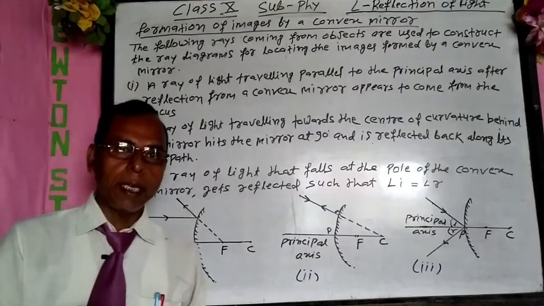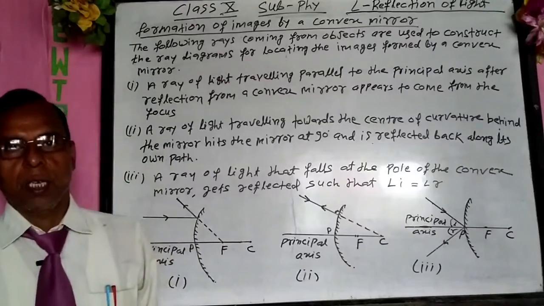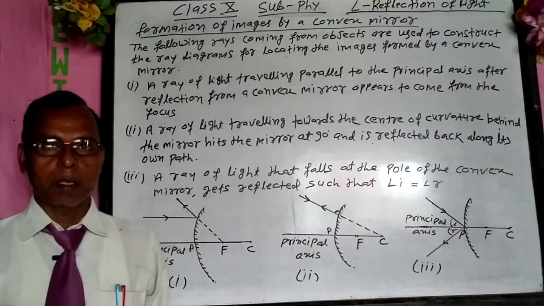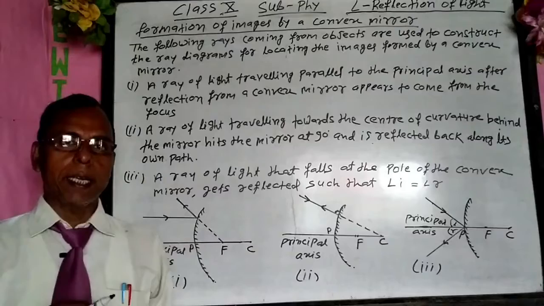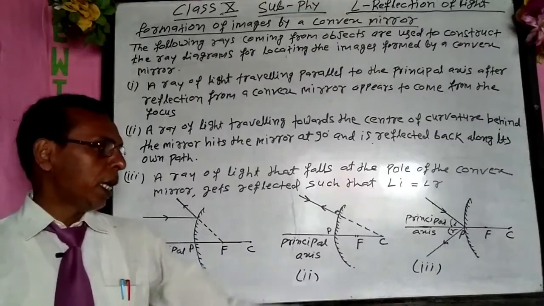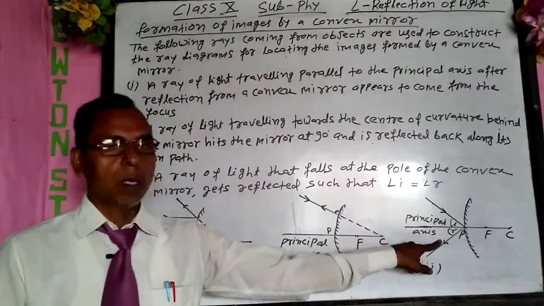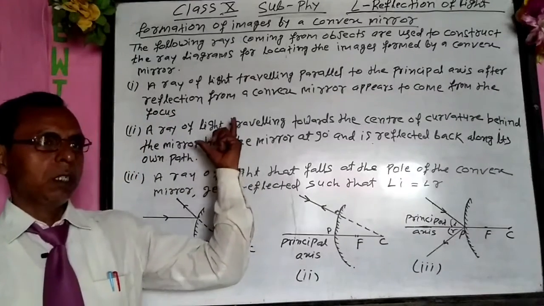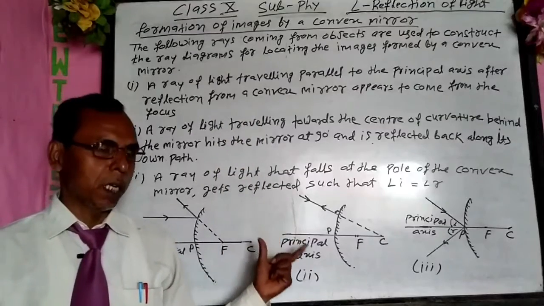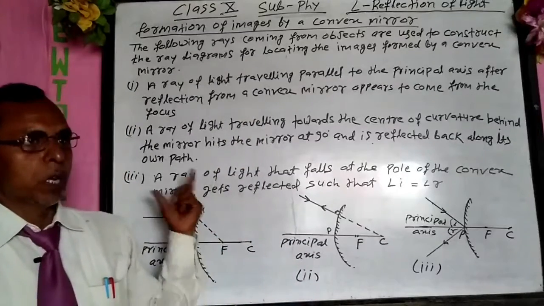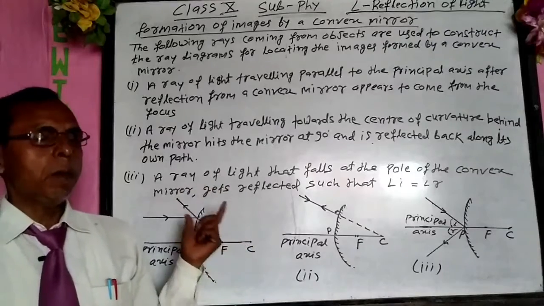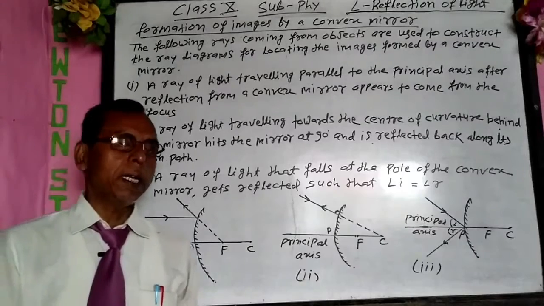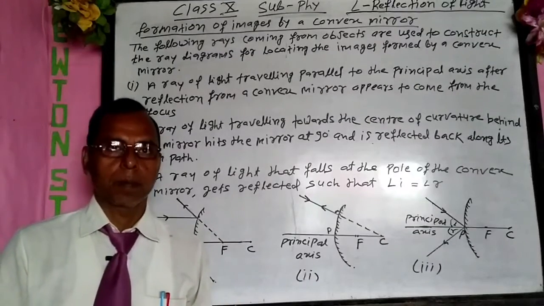A ray of light that falls at the pole of a convex mirror gets reflected such that the angle of incidence is equal to the angle of reflection. These three rays are generally used to construct ray diagrams for locating the images formed by a convex mirror.